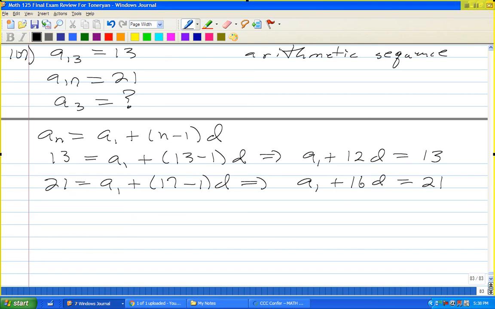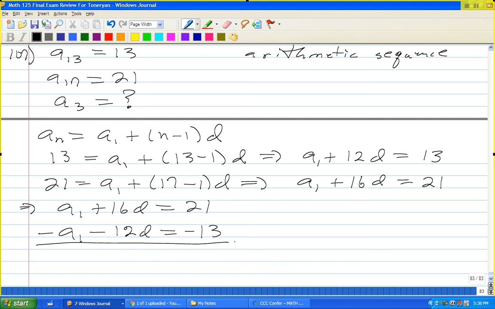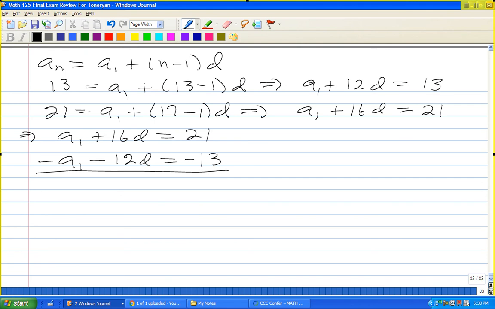Okay, so let's just subtract these. So I'll just do a1 plus 16d is 21, and let's subtract a1 plus 12d equaling 13. The a1's cancel, and so you get 4d is 8 divided by 4. So d is 2.